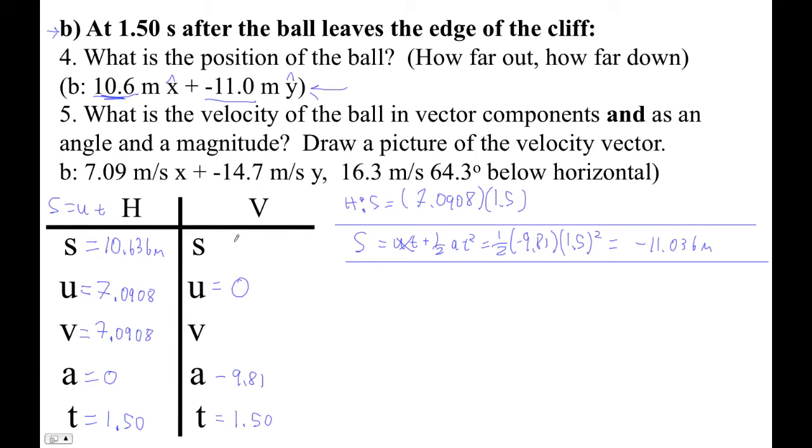Okay, so this is negative 11.036. Then we want to find our final velocity. I choose v equals u plus at. So that equals 0 plus negative 9.81 times 1.5.